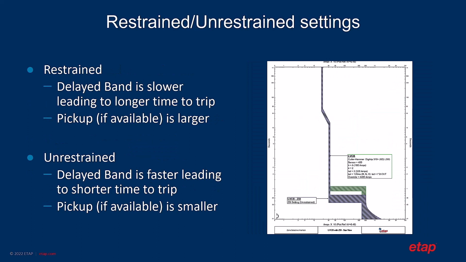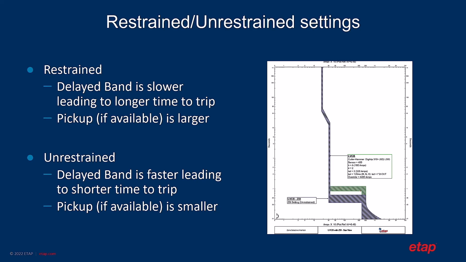Based on the previous slide, A1 sends a restraint signal to B1, and B1 will start the restraint timer, so it uses the restraint setting for tripping. And A1, as the downstream breaker, will use the unrestrained setting for tripping. Let's take a look at what the restrained and unrestrained settings are. From this star view, you can see the blue curve is unrestrained and the green curve is restrained.